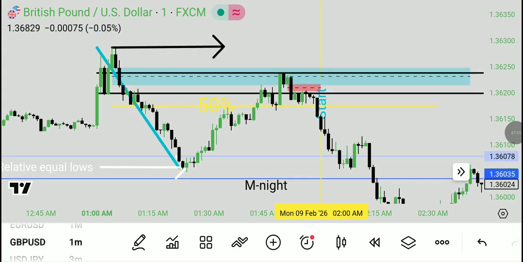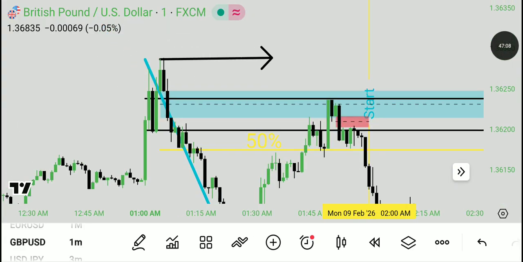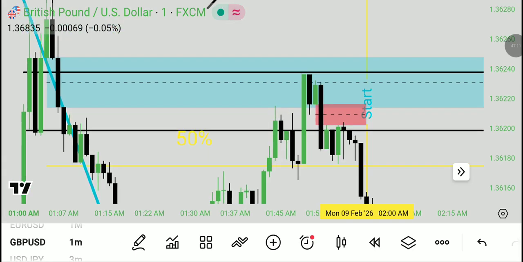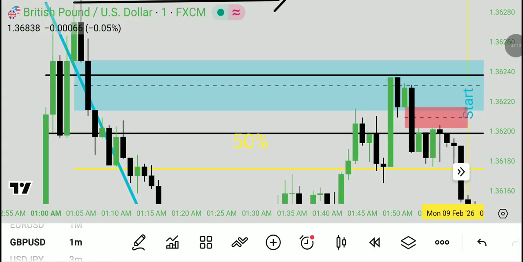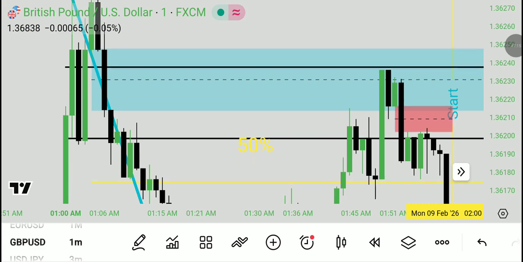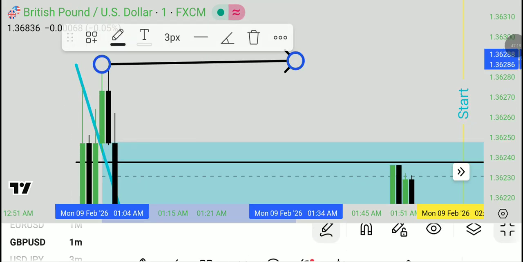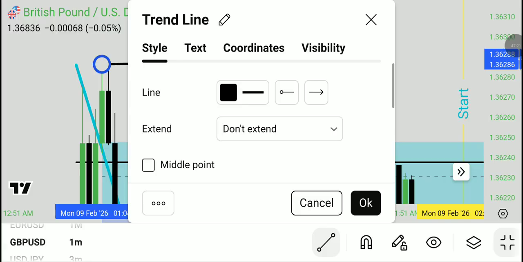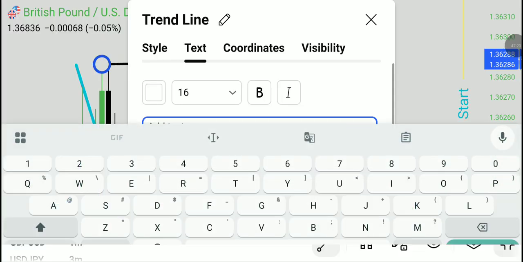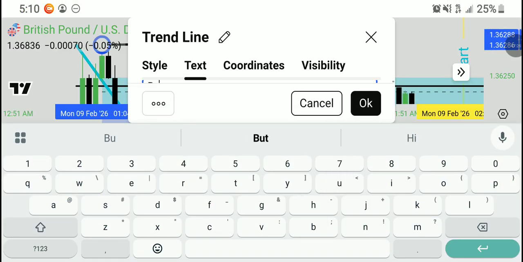Hope you're understanding me. When they take the high out, it means that this pattern did not form. If they take this high out, buy side liquidity.